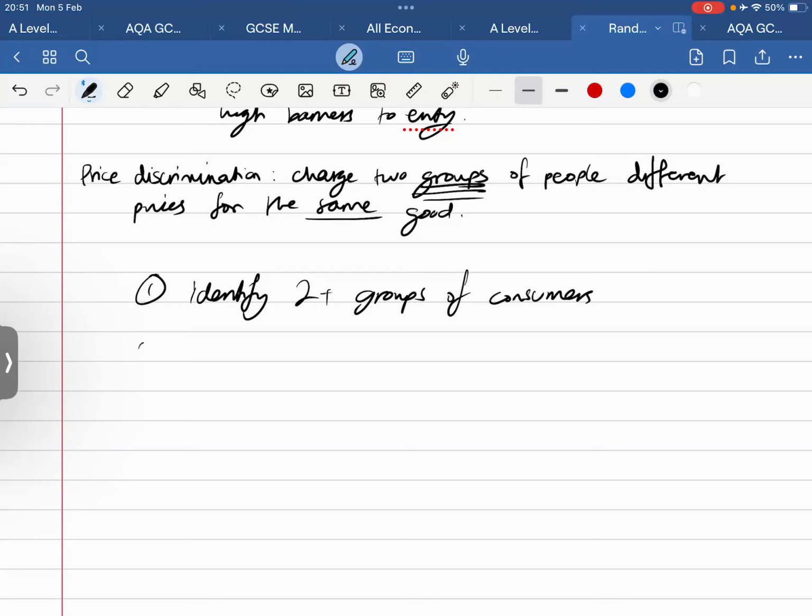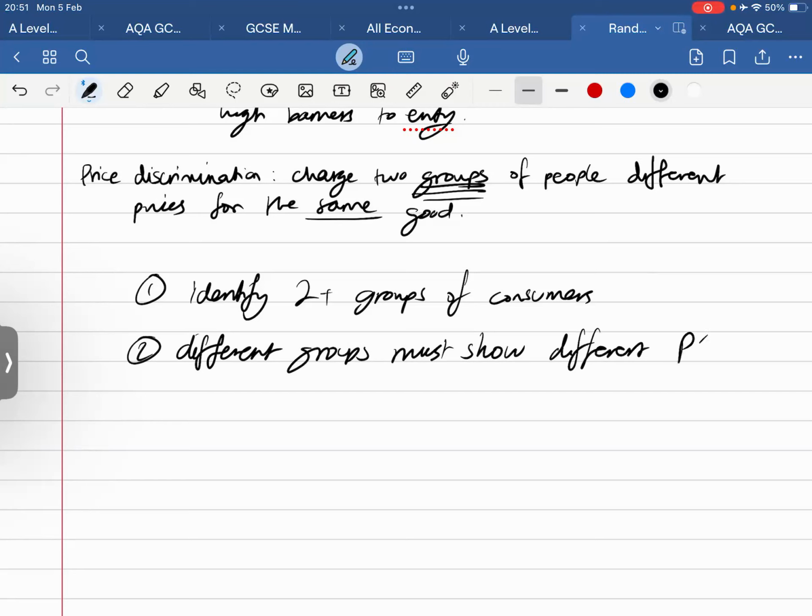The second thing is these different groups, so the student and the non-student, must show different elasticities. They must have different PEDs for that thing. Remember, price elasticity of demand is your responsiveness given a change in price.